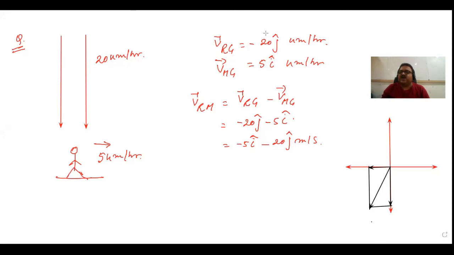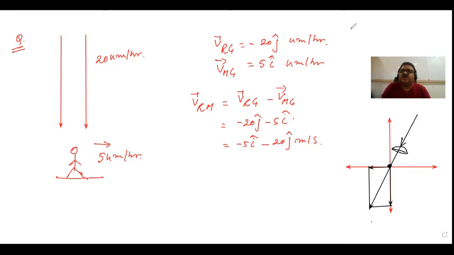So according to the man, the rain is falling like this. And as I told you earlier, since it is with respect to the man, assume the man is at this location. Okay, and to the man, the rain appears to be falling like this. So what the man will do, in order to protect himself, he should open his umbrella like this. Okay, this is the concept.